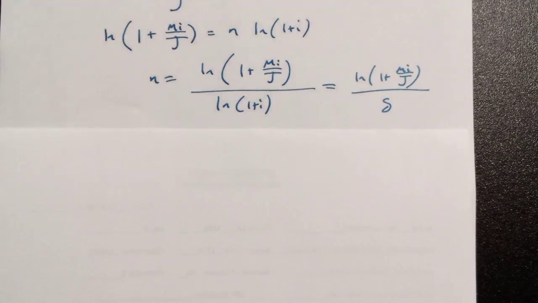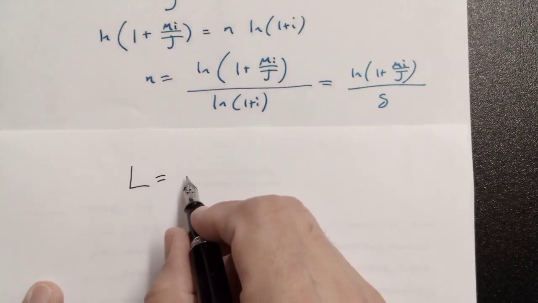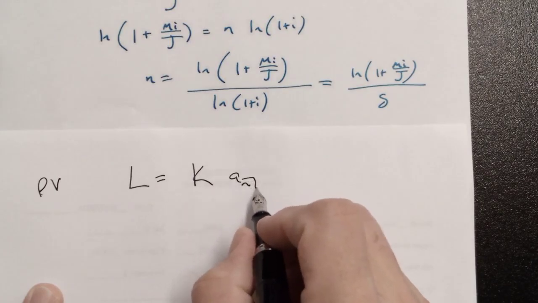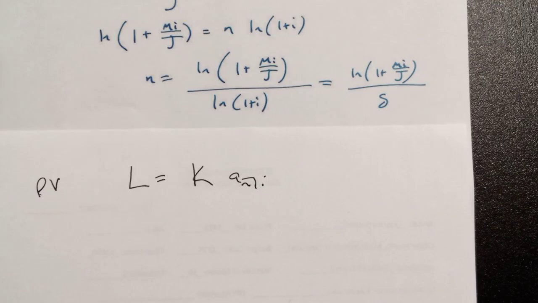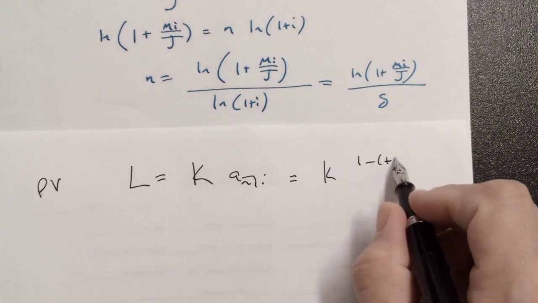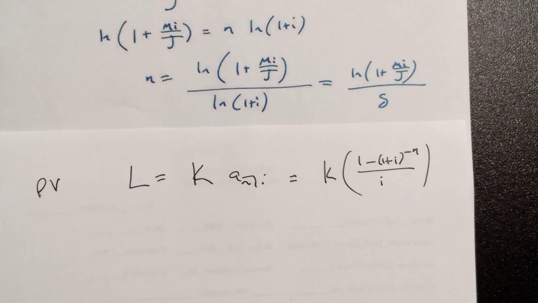If I do the same thing for the present value, I would start with a present value of L, and payments of K. And I could work through the same process, and I can end up with a similar formulation for time, for N. But I actually find this one to be less common.